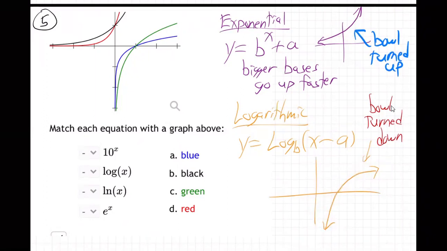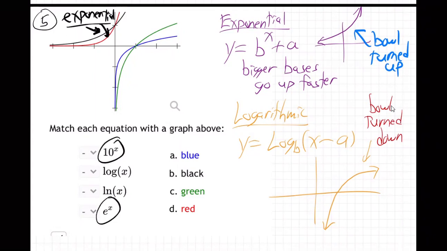So first off, we can see that both the red and the black over here are exponential. Right? Both these guys are there because they're both turned up, they're exponential.